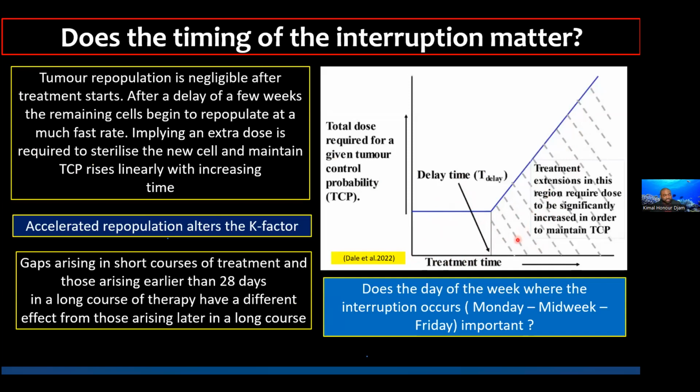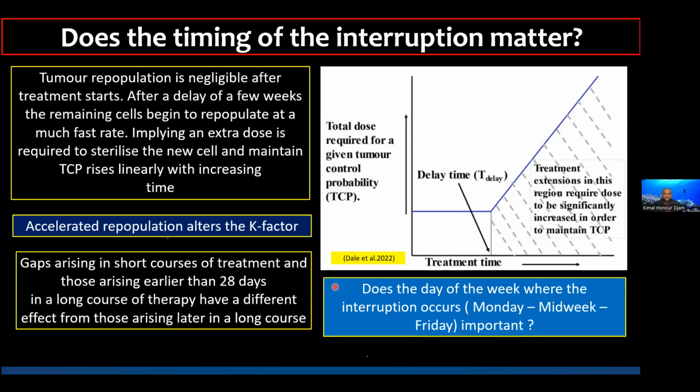If the interruption occurs within the period of accelerated growth, then we would have to calculate the new fraction size in order to maintain the same local control.